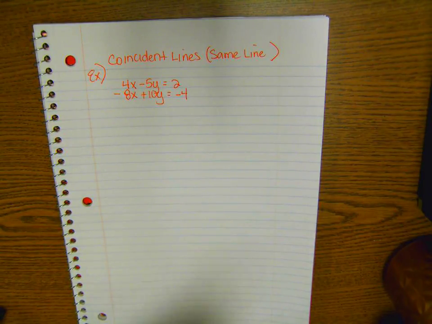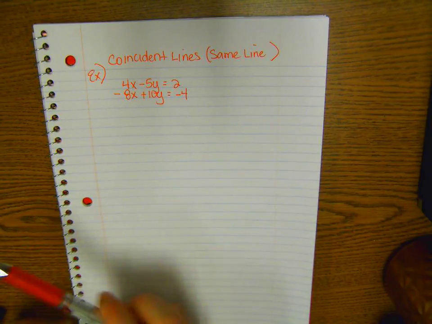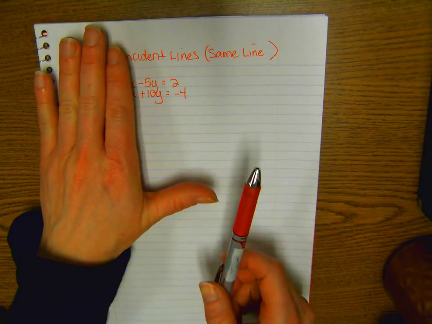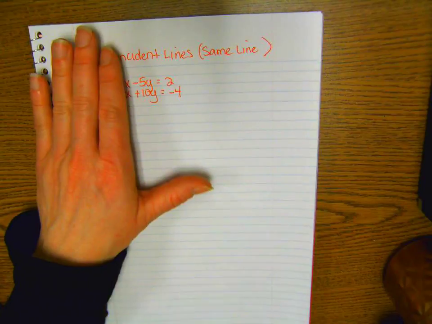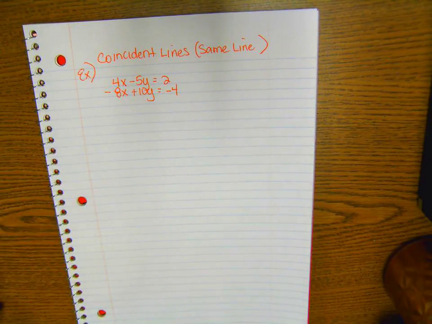Alright, so let's say I said, hey, why don't you eliminate for the y's this time, okay? So we have negative 5y and it's plus 10y. What would we multiply by? Yep, let's multiply the top equation by 2.